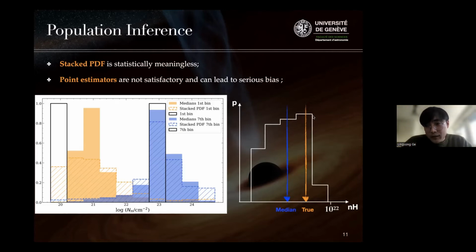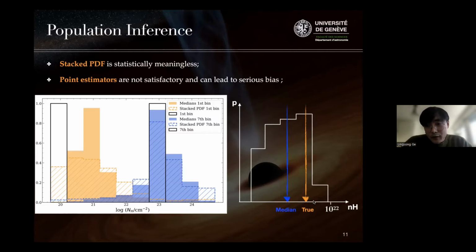So the PDF would be kind of flat until the lower boundary of the NH parameter space. That's why the median of this PDF would simply be very close to the middle point of the unabsorbed region. The reason for this is that when the NH becomes very small, the likelihood would be very insensitive to the change of NH.